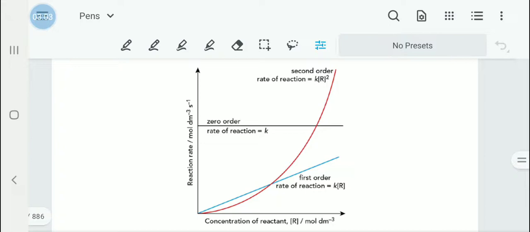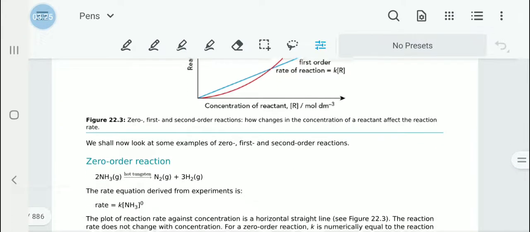If it comes from the origin and is a curve with the rate increasing, it is second order. If it is a straight line, it is first order. So depending on the shape of the curve, you can figure out which order it is.